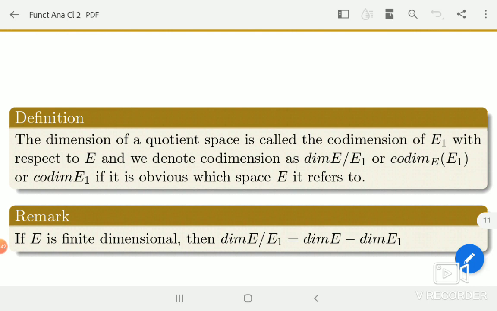Usually in functional analysis we are dealing with infinite dimensional vector spaces, but once we have finite dimensional vector spaces, then the dimension of E by E1 is equal to dimension of E minus dimension of E1.